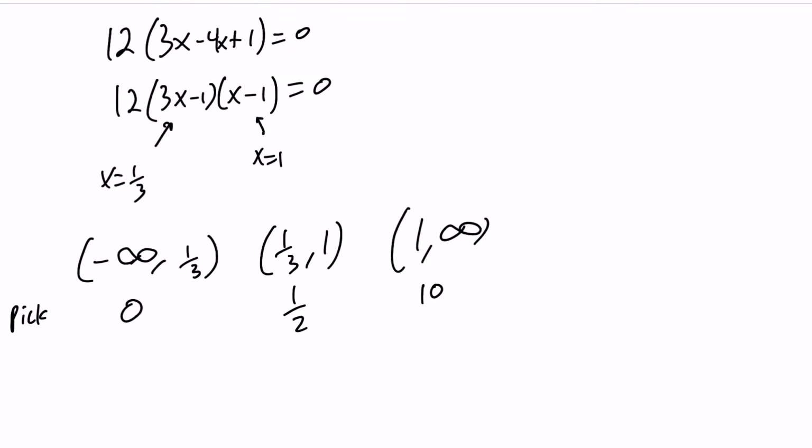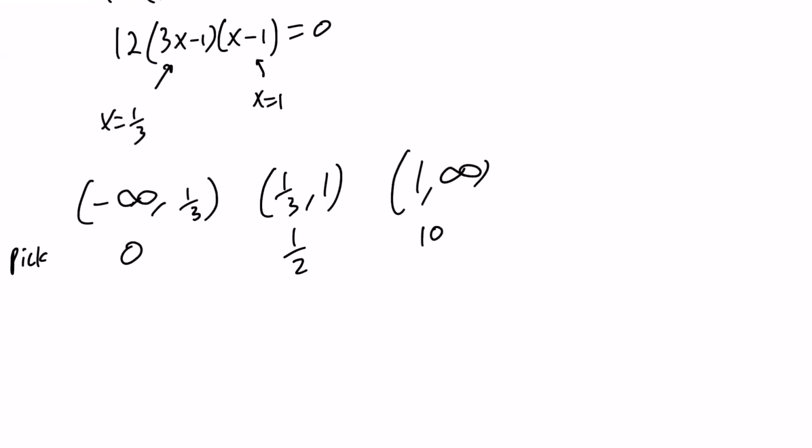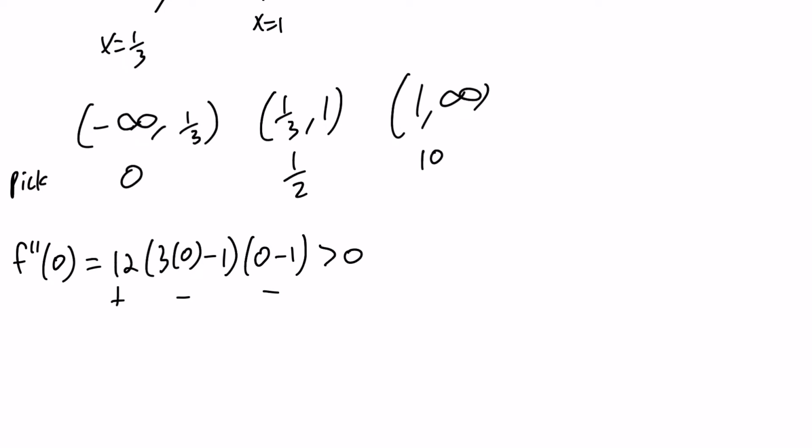We can do the same thing we did last time, where we can plug these into this expanded form of the second derivative, and that's going to make it a little bit easier to figure out where we are positive and negative. So f double prime of 0 is 12 times 3 times 0 minus 1 times 0 minus 1. So this is 12 times, this is negative 1, it's negative. This is negative 1, it's negative. So we have a positive, a negative, and a negative. So that means the second derivative is positive on that interval.